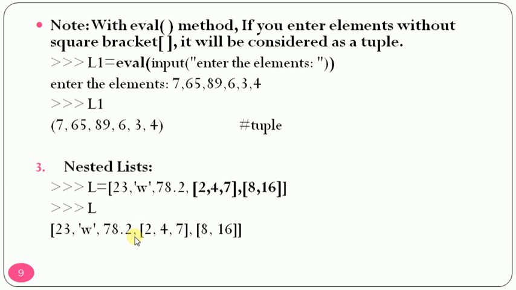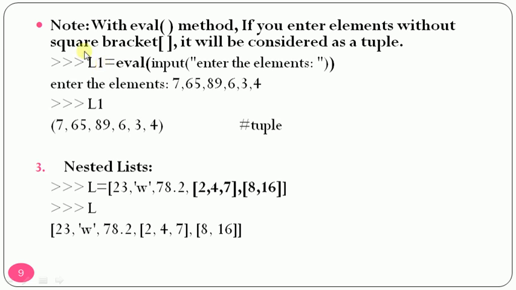Normally what will happen when we give some numbers separated by commas without the square brackets to the eval function? The eval function automatically takes this sequence of digits as a tuple.